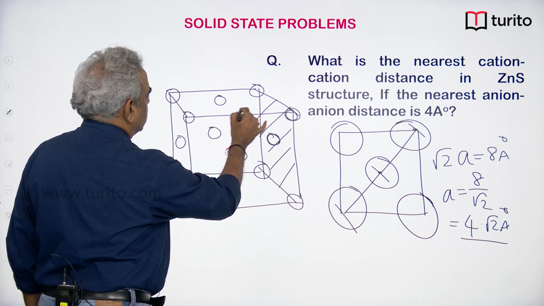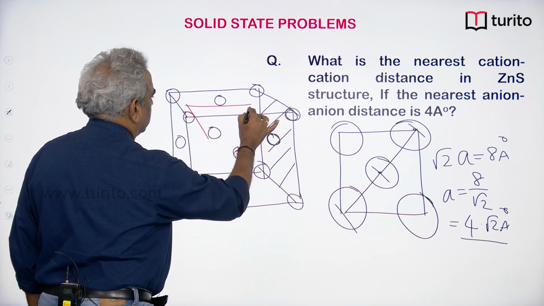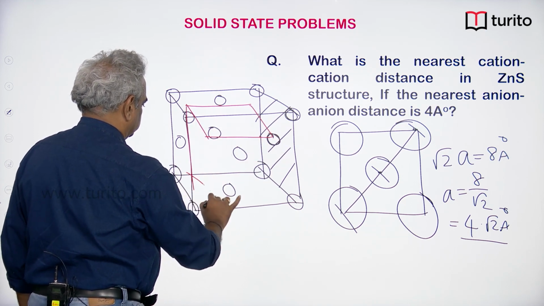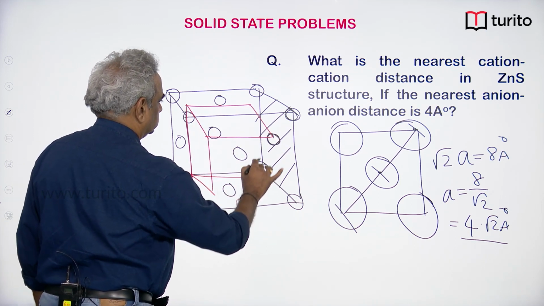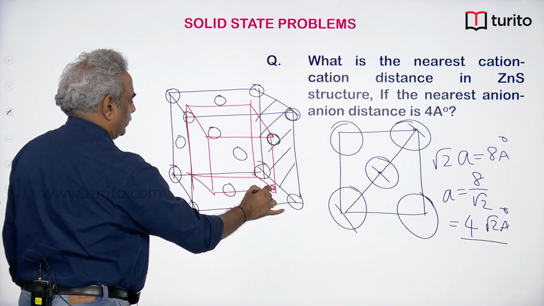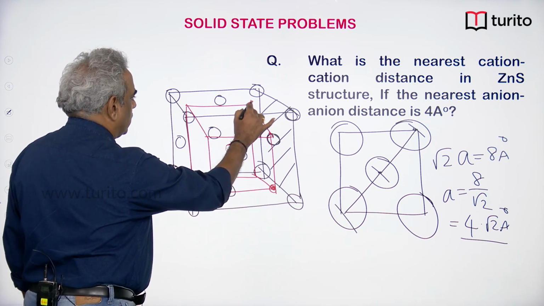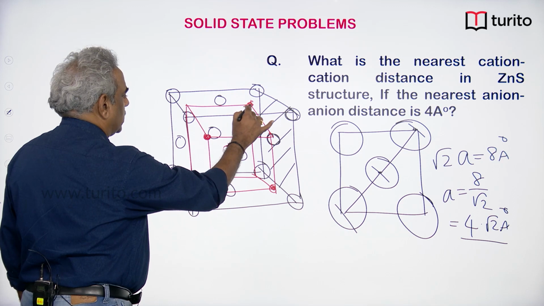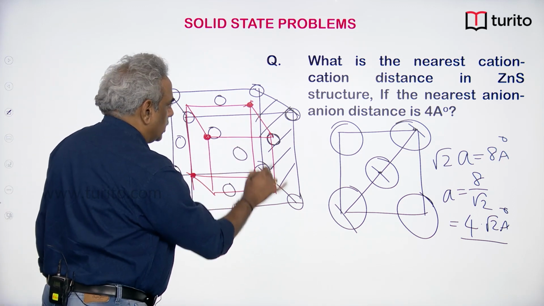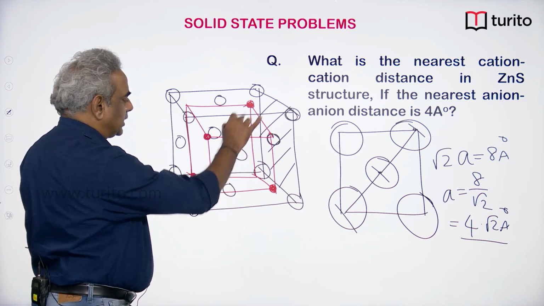Alternate tetrahedral void means if you draw one more cube inside like this, see, these are all tetrahedral voids, but alternate tetrahedral voids are occupied. So, only these are zincs. See, the red spheres are zinc ions, in alternate tetrahedral voids.